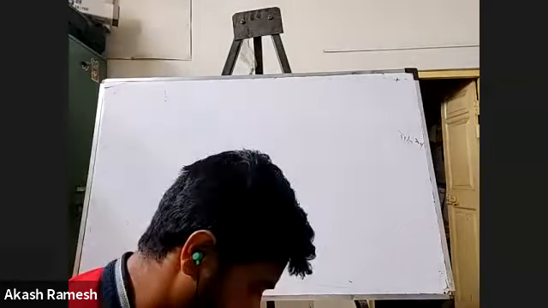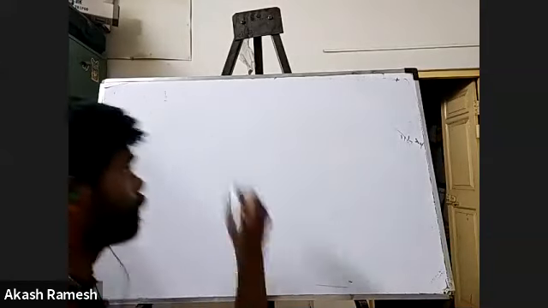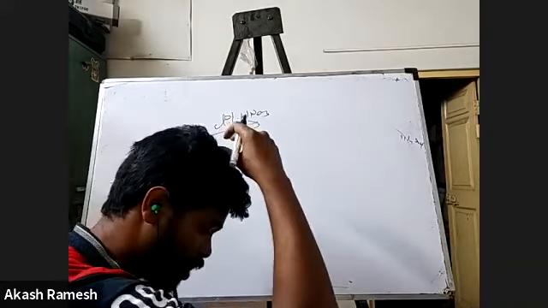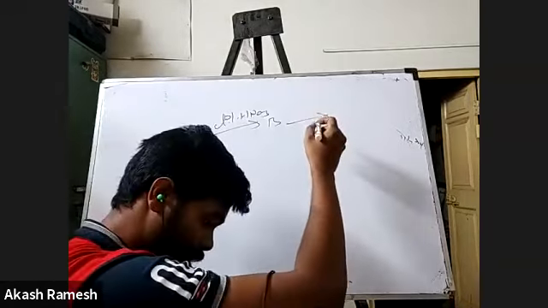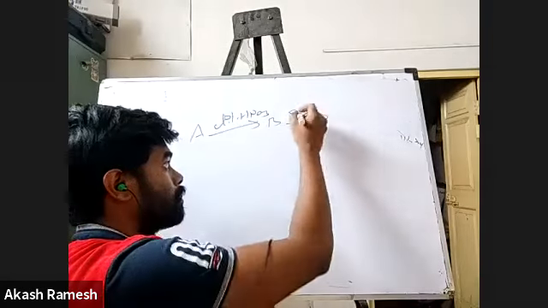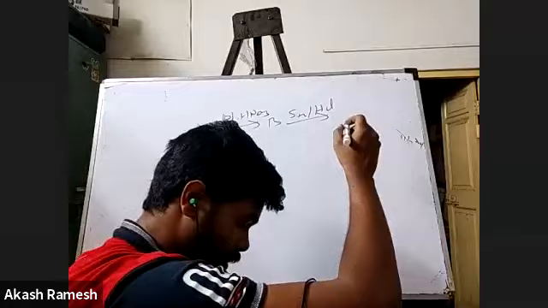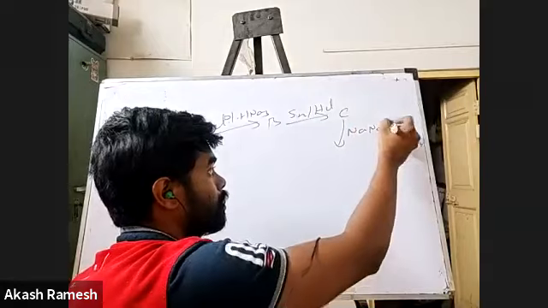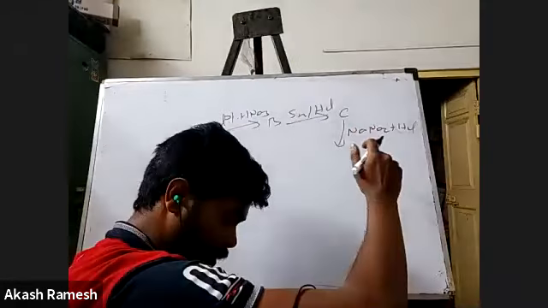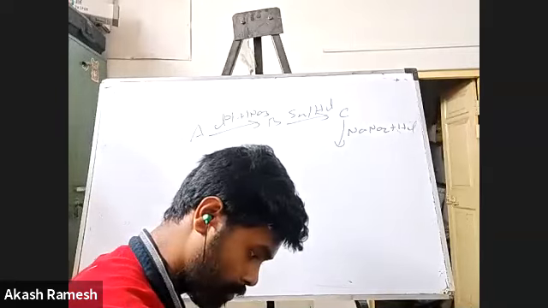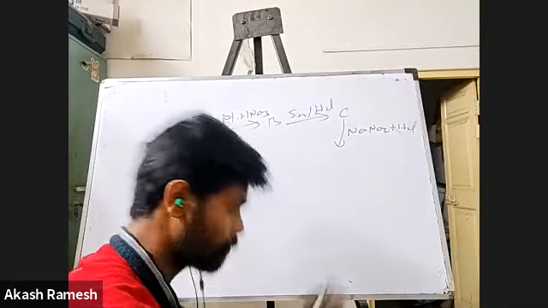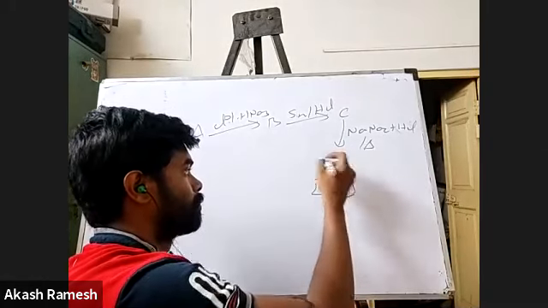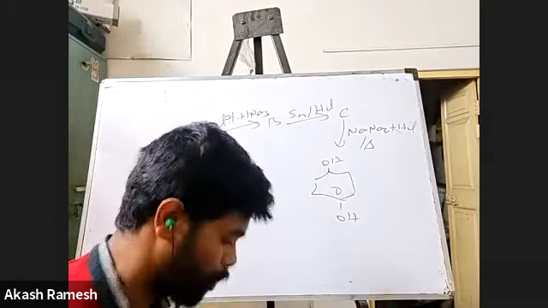I have A with dilute HNO3 forms B, B with Sn and HCl forms C, C with NaNO2 plus HCl, and you have to boil it, you get a product with two OH groups.